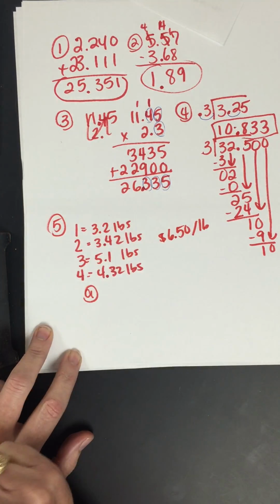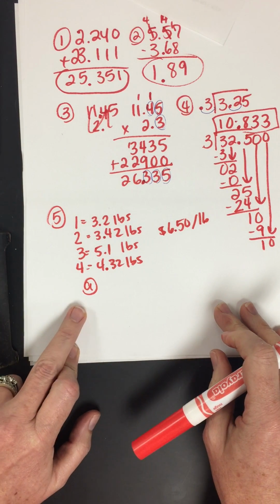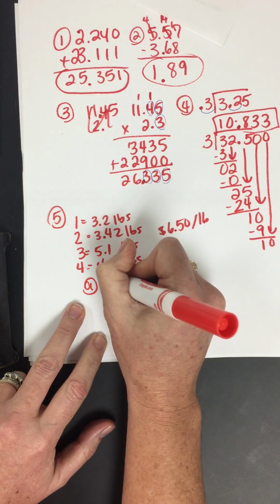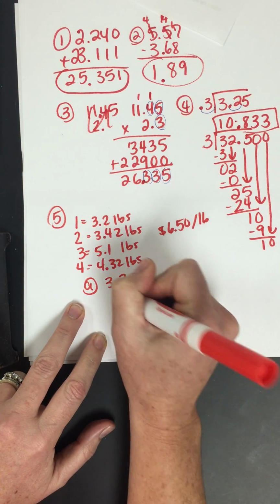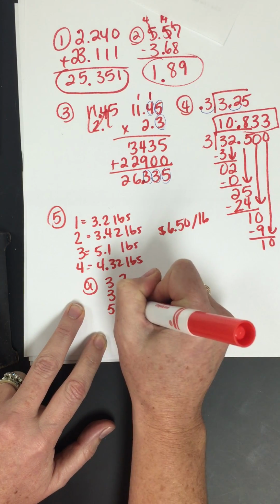A says, about how many pounds of nuts did I buy in November? All right, so to be able to find out how many pounds I bought, I'm going to have to add these numbers. And again, when I'm adding decimals, I'm going to line up my decimals.